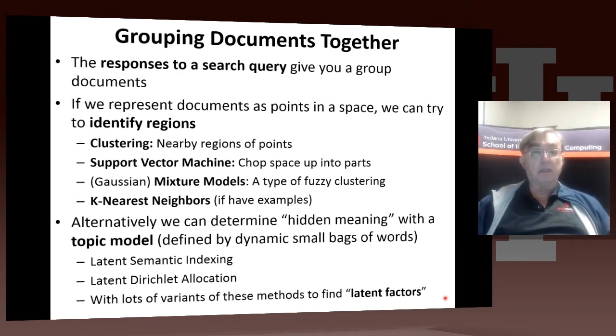If the phrase Michael Jordan occurs in a document 100 times, you can be pretty certain there's a document on basketball. So that's a very blatant topic discoverable by words.